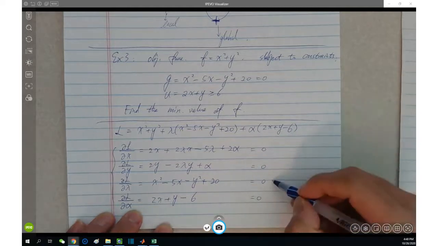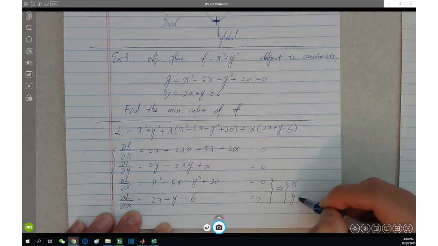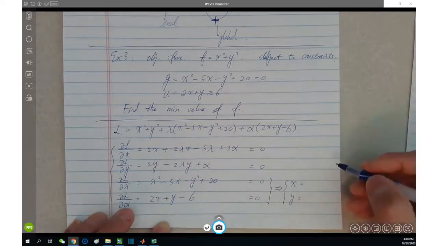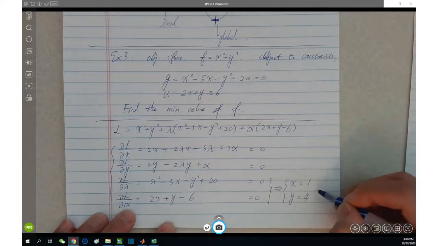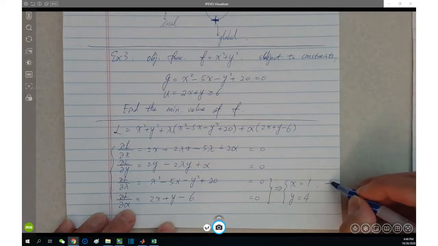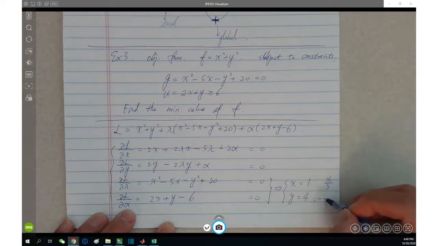So once again, you can just use these equations to find the x and y values, respectively. You get, once again, 2 sets: one of 4 and 16 thirds, and the other of negative 14 thirds.